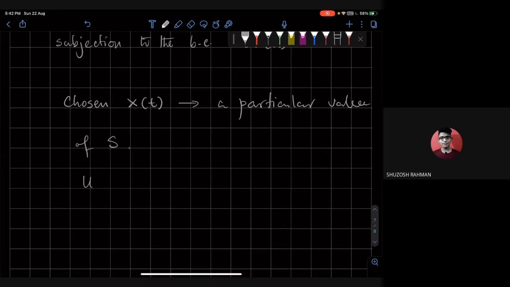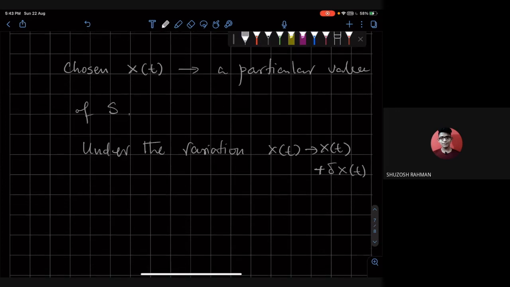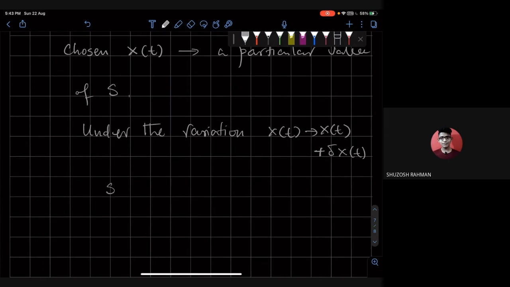So under the variation, where x of t goes to x of t plus delta x of t, S itself will change to S plus some small amount delta S. This delta S is called the variation of the action.